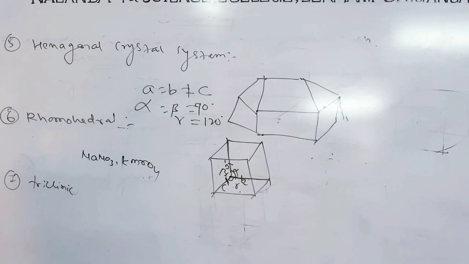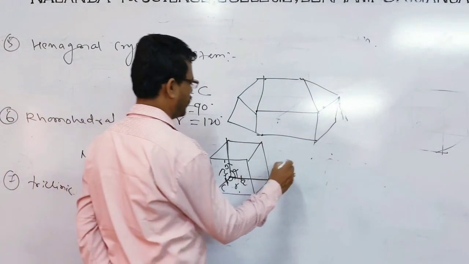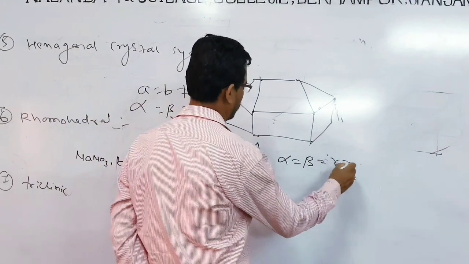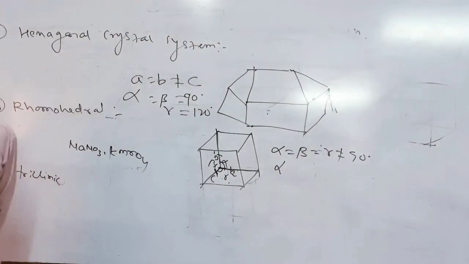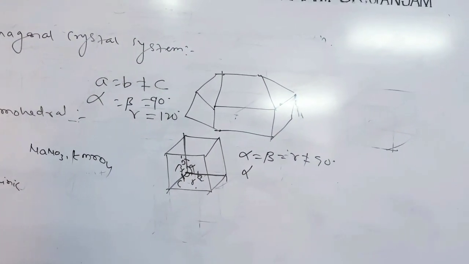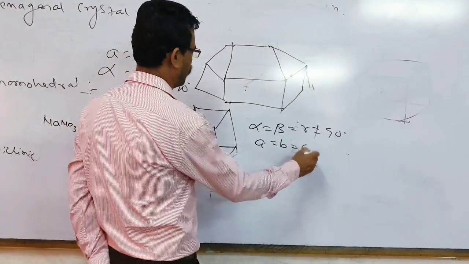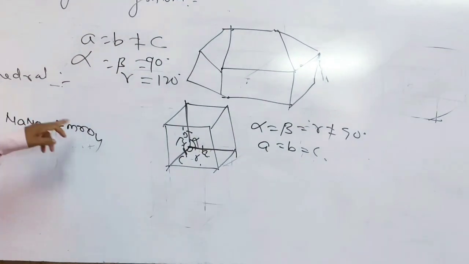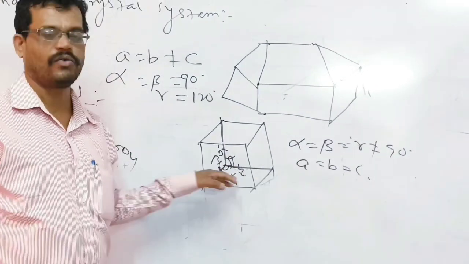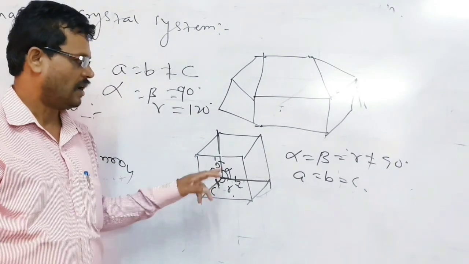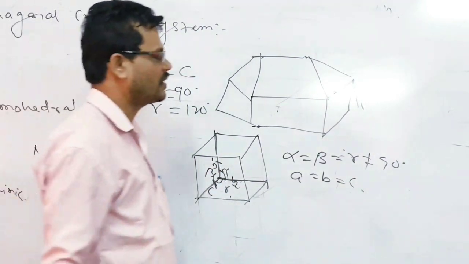In the case of rhombohedral systems, regarding the bond angles and bond lengths, alpha, beta, gamma are not 90 degrees, whereas the lengths A, B, C are found to be equal. So the lengths A, B, C are equal, but the angles alpha, beta, gamma are not equal to 90 degrees.